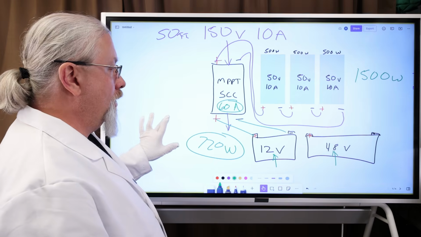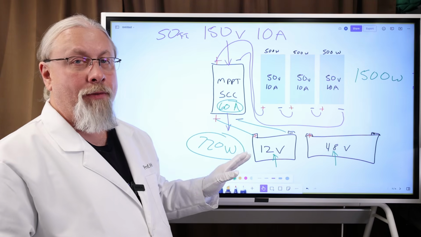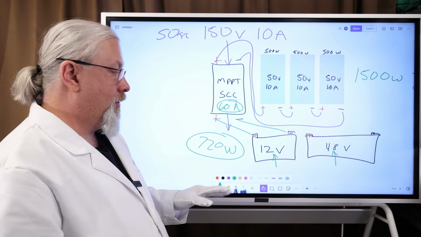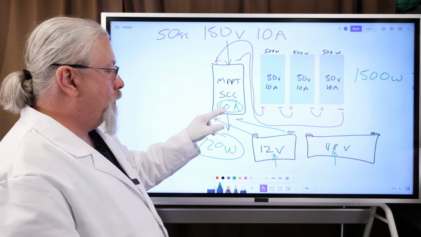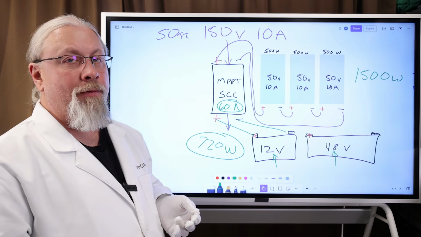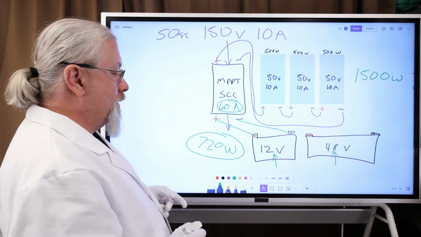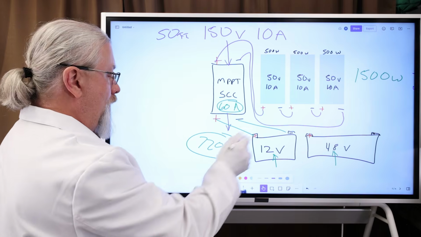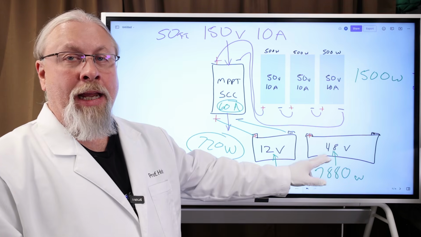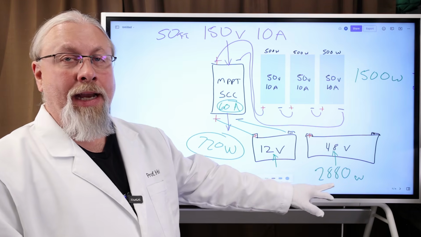Now, you learned in the last video about voltage and why voltages in batteries make a difference. So you can refer to that video if you don't understand what's going on here. But say you want to pump this 60 amps into that 48-volt battery. Well, that's 4 times as much, because 48 volts is 4 times 12. It's 4 times larger. So if you pump it into a 48-volt battery, it's actually 2,880 watts.